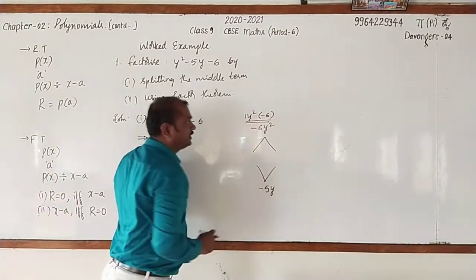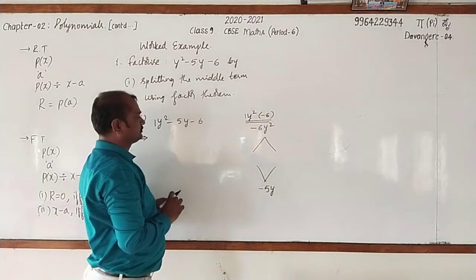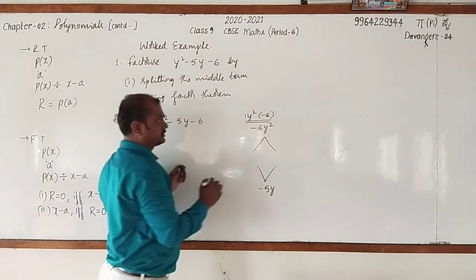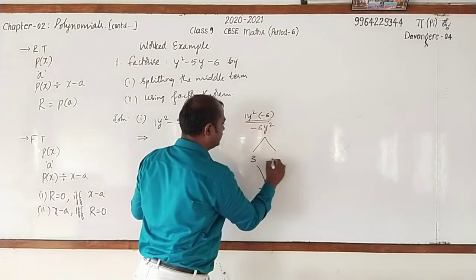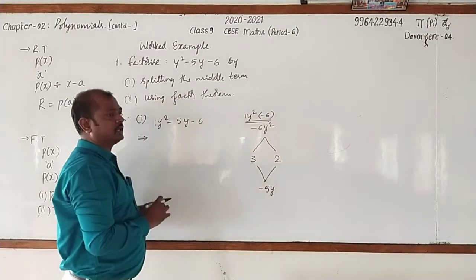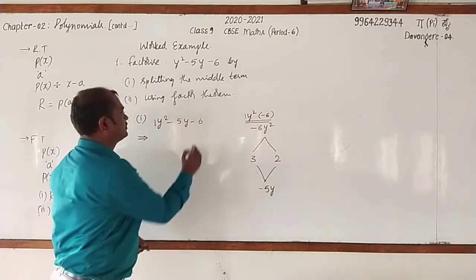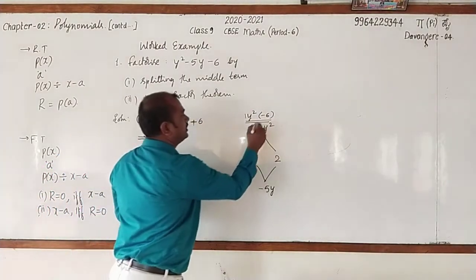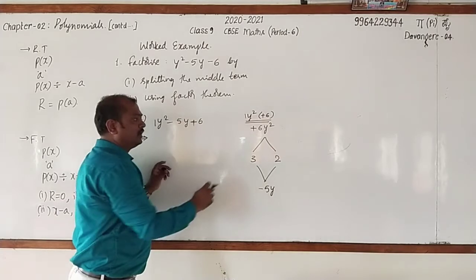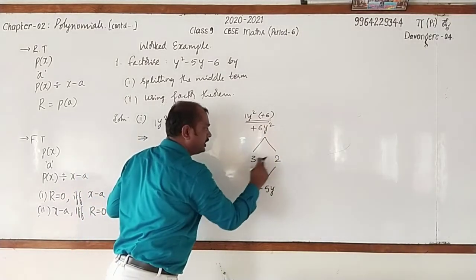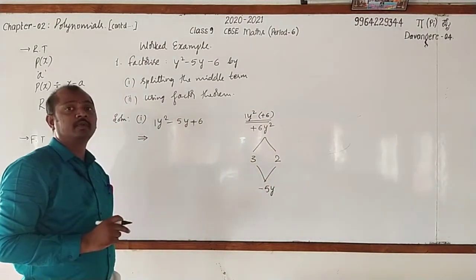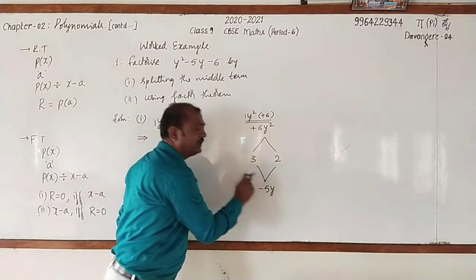Now let us take the factors. What are those factors? When you write 3 and 2, 3 twos are 6. And a small correction, it is plus 6, this will be plus. Look here, 3 twos are 6, 3 plus 2 is 5. But here we want minus 5.